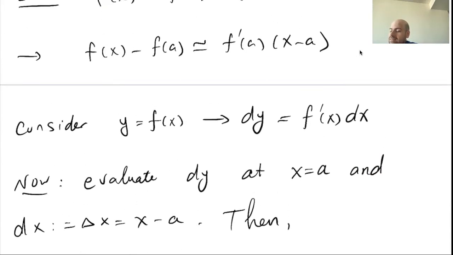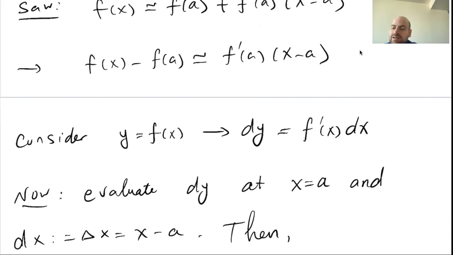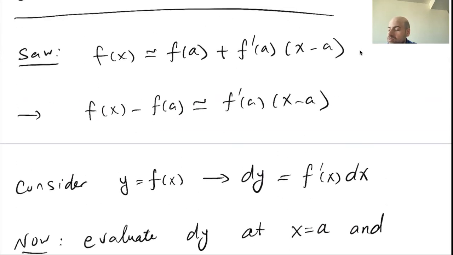But what is this? f prime of a times x minus a, according to this formula, is an approximation for f of x minus f of a, which is delta y. So let me call this formula 2 star.